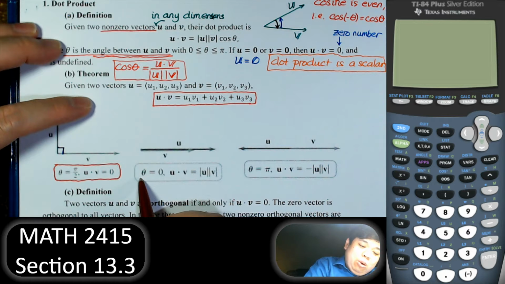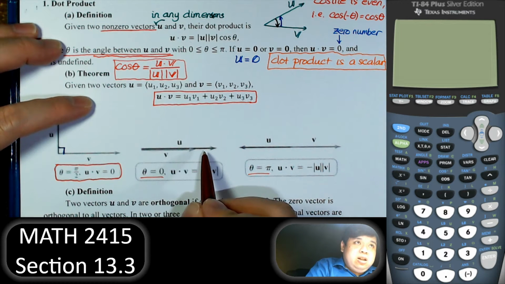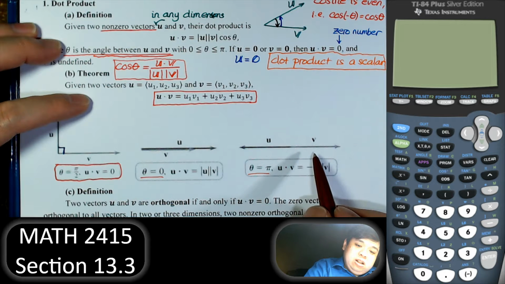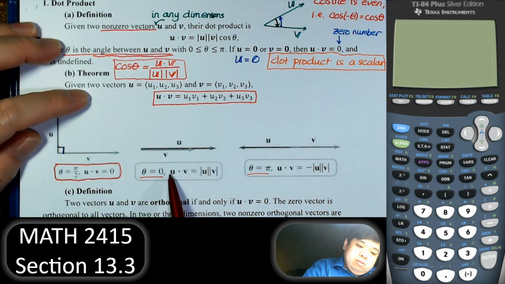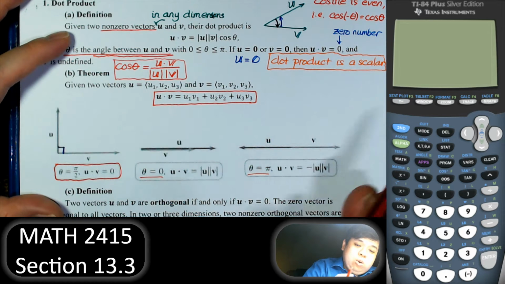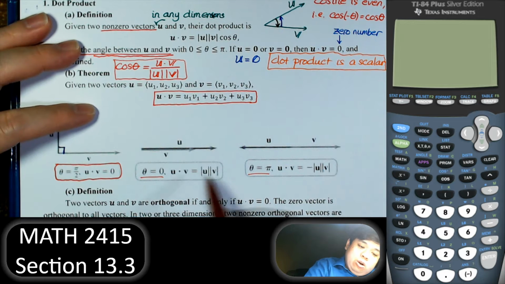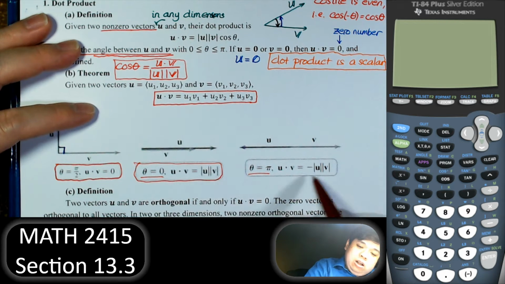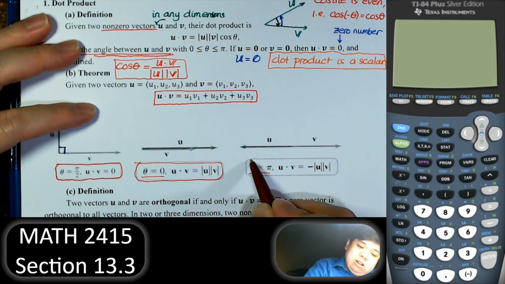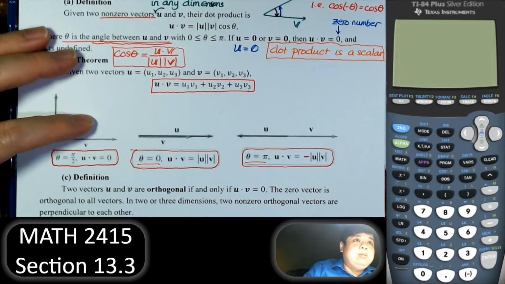Now, when we have 0 or pi, meaning in the same direction or the opposite direction, cosine of 0 is 1, cosine of 180 degrees is negative 1. So in those cases, we have cosine equal to 1 and cosine equal to negative 1.